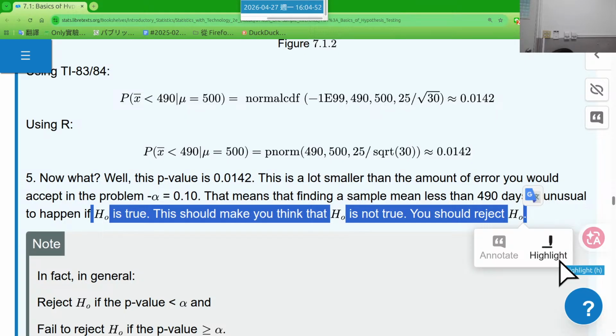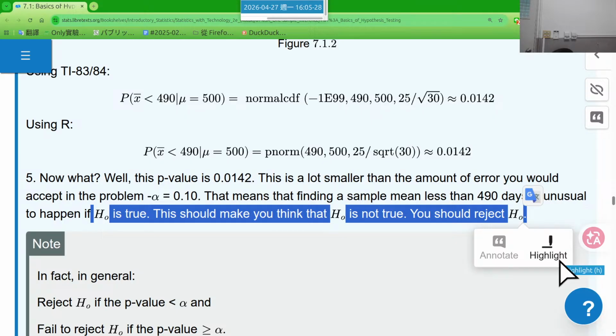After calculation, the probability is very, very small, 0.0142. And as the question stated at the beginning, alpha equals 0.1. This number is smaller than the condition 0.1. Thus, that is strong evidence to reject the null hypothesis.